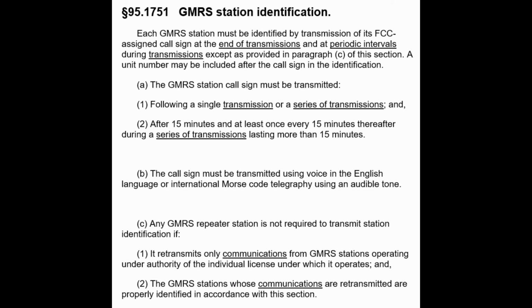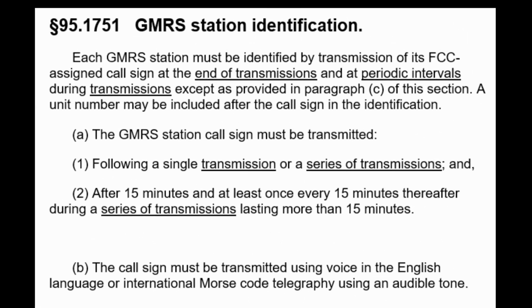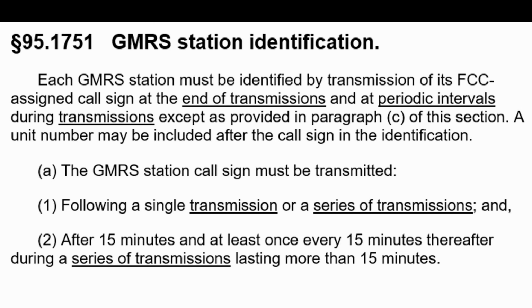So let's get into the GMRS rules. We need to focus on the S at the end of the words and how transmission and communication are used. The GMRS rules say each GMRS station must be identified by transmission of its FCC assigned call sign at the end of transmissions, not each transmission.